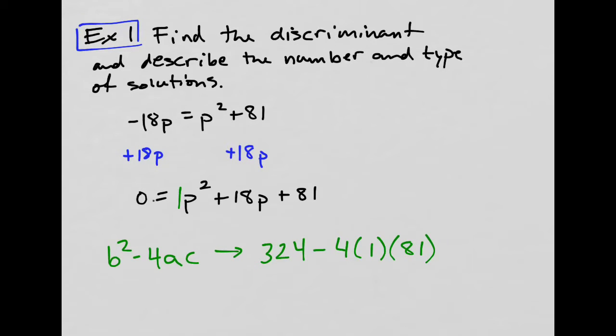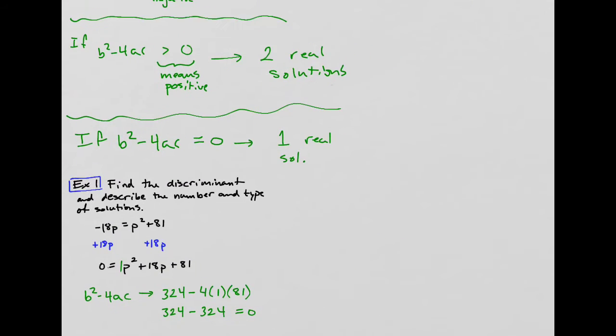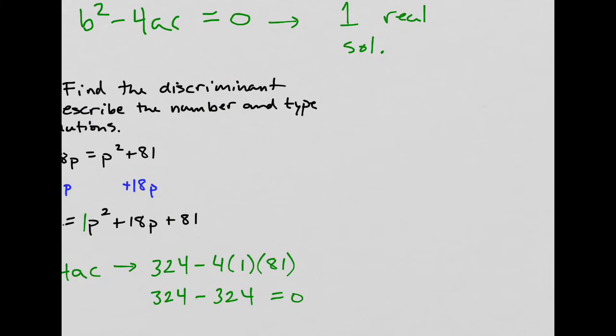So 324 minus 4 times 1, that's negative 4, times 81. Negative 4 times 81 gives me negative 324. Ooh, that equals 0. So which one is it? One real solution. So find the discriminant: done.